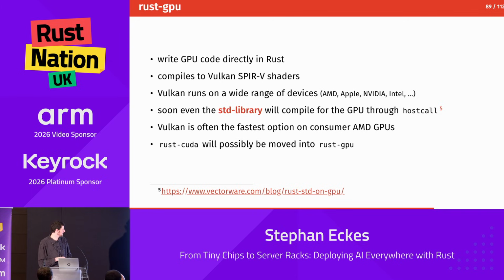I think Vulkan is just for Windows and Linux, but not 100% sure. And soon even the standard library will compile for that through host call. So with the host call framework, you can even run println and debug prints on the GPU.